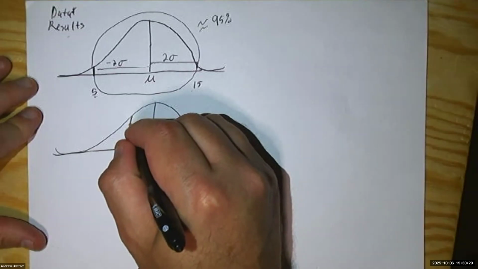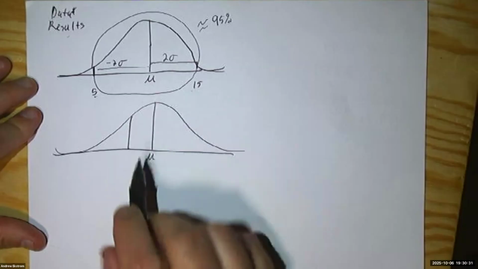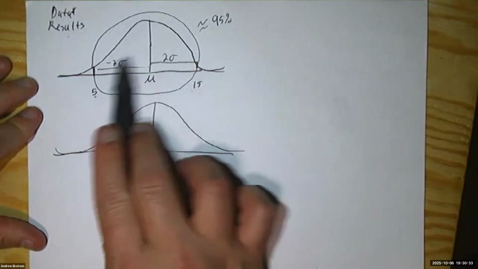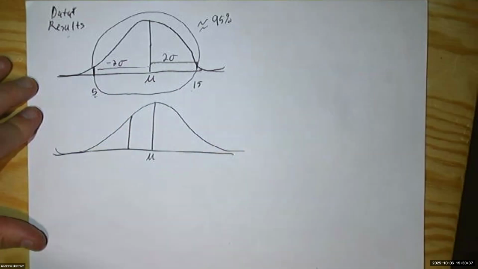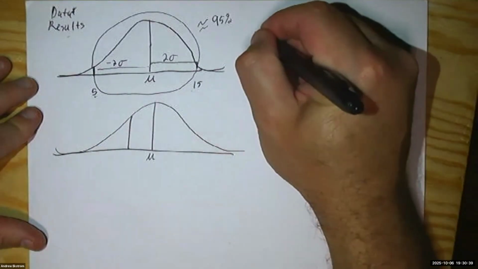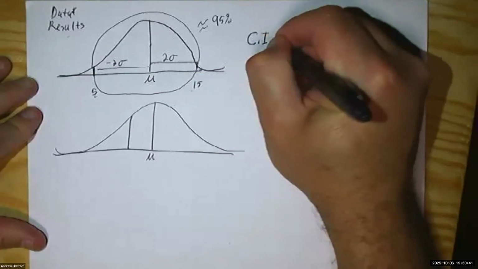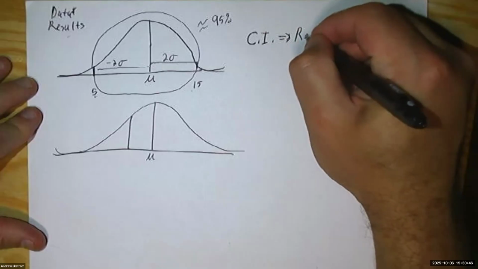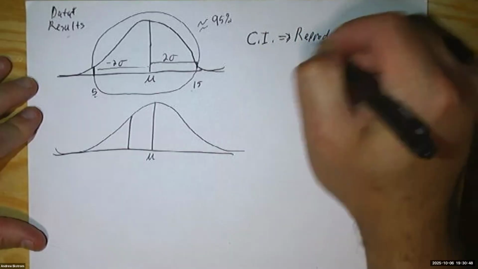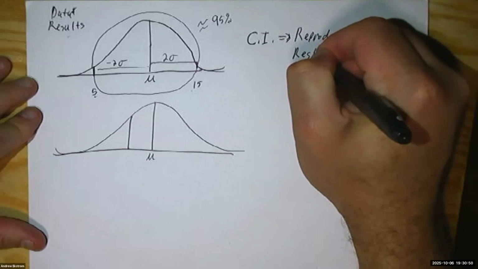And what happens with that is instead of having this 95% confidence interval, or whatever our confidence interval is, so I'll just say confidence interval gives us reproducibility of results.